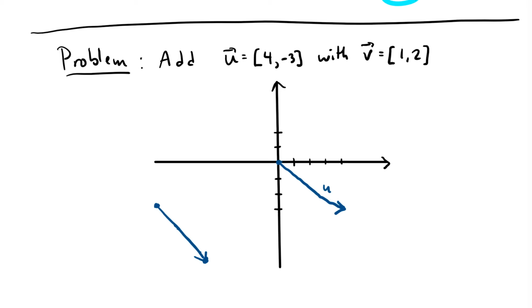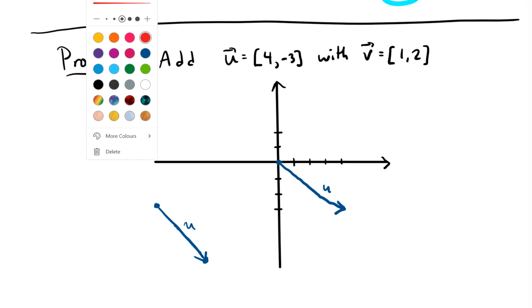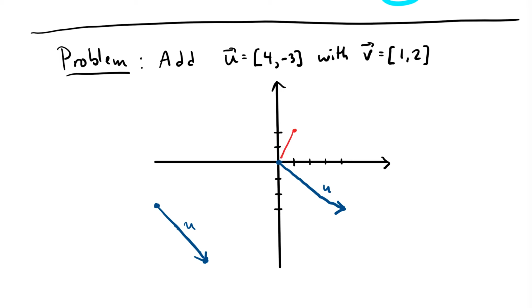And v, which is the vector 1, 2: if I start at the origin, move forward by 1, up by 2, this is the point 1, 2. So this is v, but maybe v could have been given to me over here in the plane. But usually when we draw vectors, it's easier to have them start at the origin, because the coordinates of the vector will just tell us where the head is in that case. All right, so this is v here.